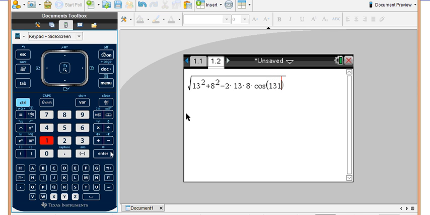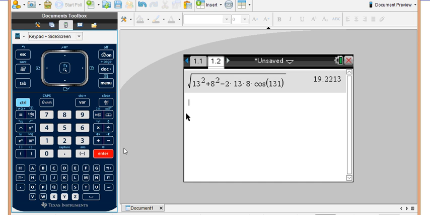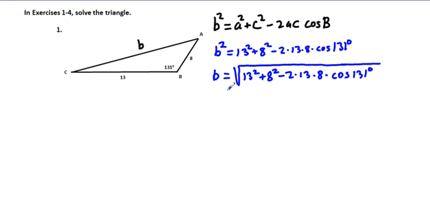It does. We get 19.2213. So we're going to write in 19.2213. And so now, to solve, we need to find the other angles.